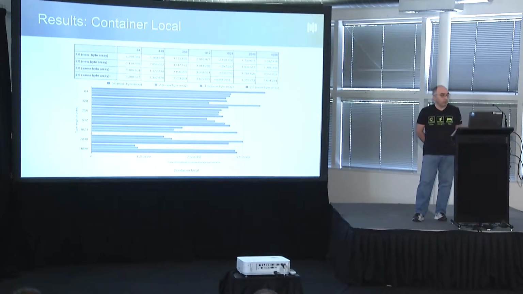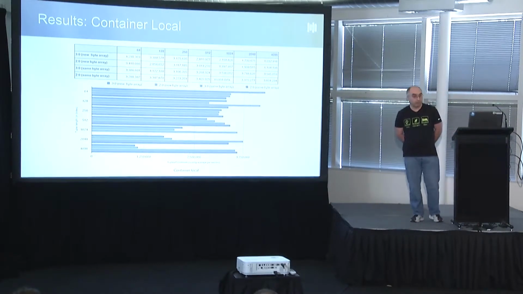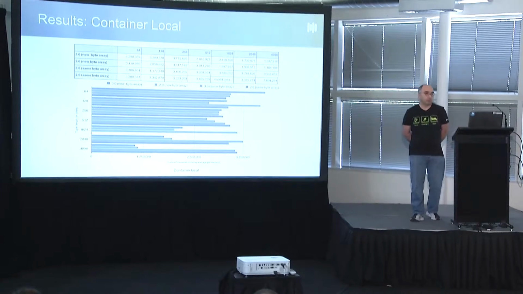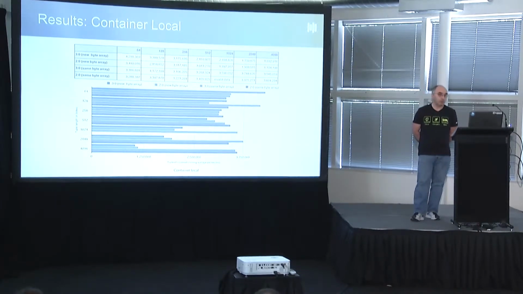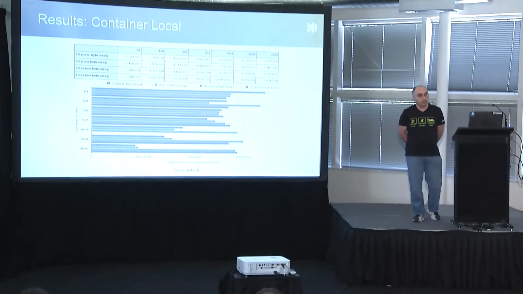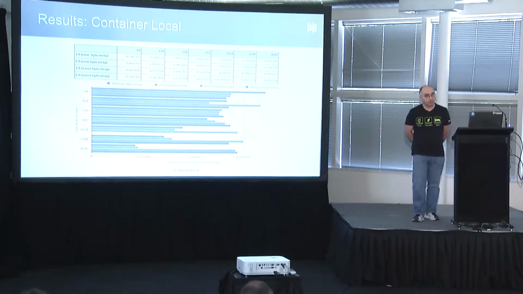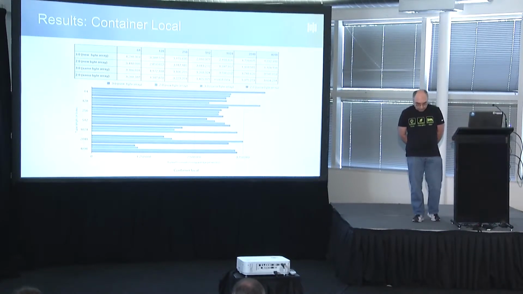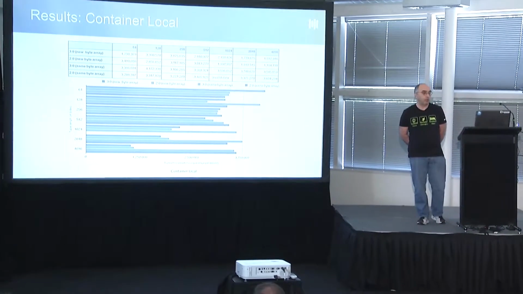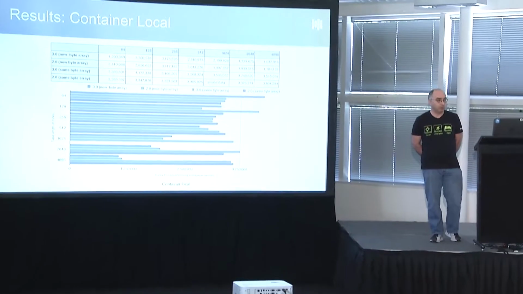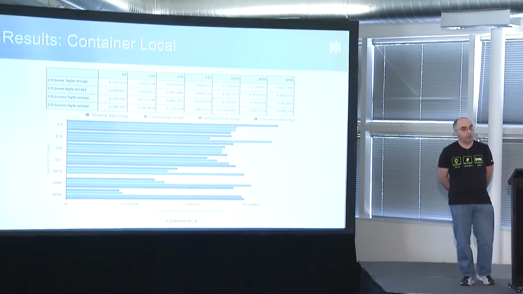But there is definitely a problem with thread local. If two operators are CPU intensive, thread local is not a good choice. So the next choice, from a throughput performance perspective, will be container local.